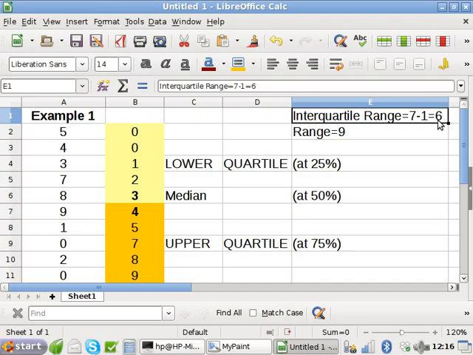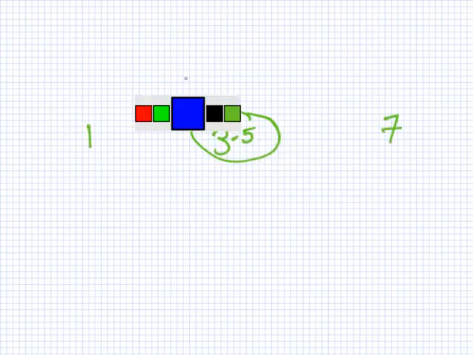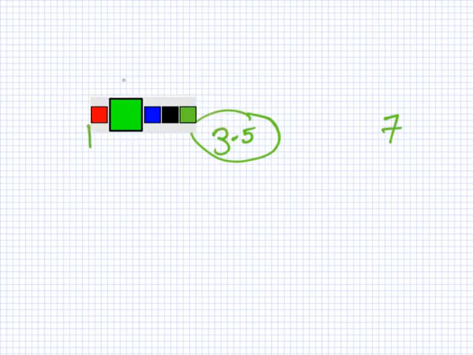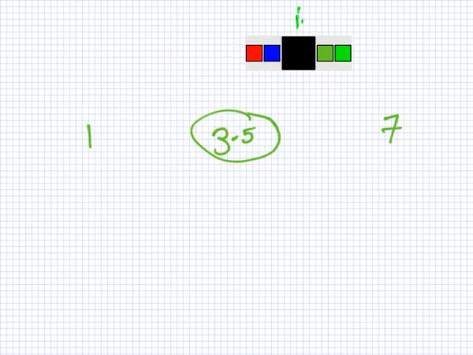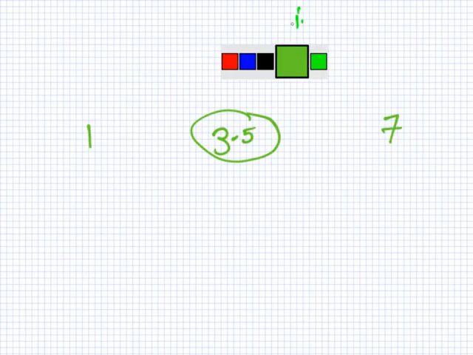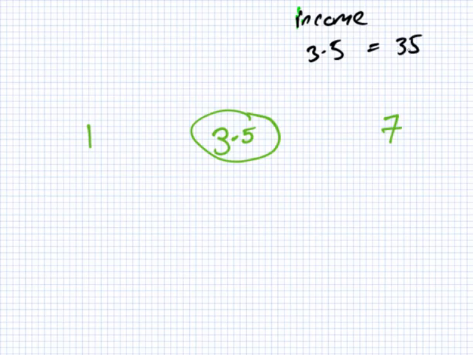So if you were to picture this here, if I draw it, what was the median? 3.5, wasn't it? And the lower quartile? And the upper? 7. So what you're saying is, if imagine this was something like income, 3.5 would be maybe say like 35,000, whatever.